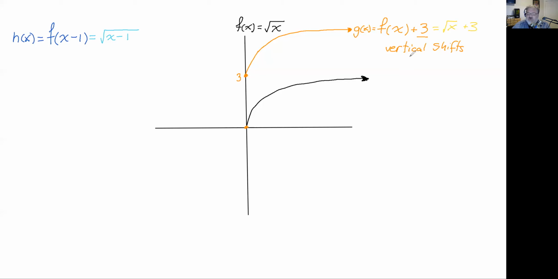So that's one issue. The other issue, it's almost more significant, is any of this stuff that happens inside here, it's going to seem to happen backwards. There are a couple of ways we can conceptualize why that happens. One of them that I like is that if we imagine what this subtracting 1 is doing, it's taking all our x values, lowering them by 1 before the function takes place, so before there's any graph.